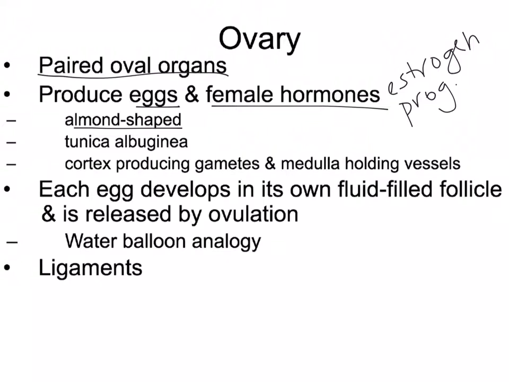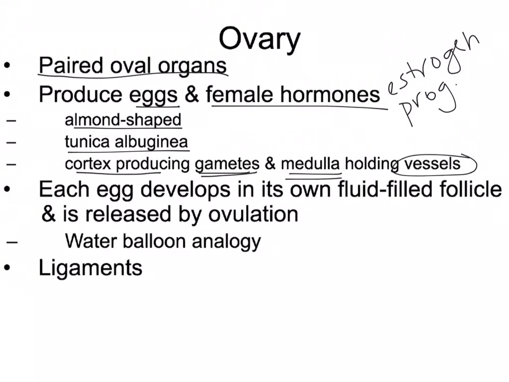Now the ovaries are covered with the tunica albuginea, just like the testes are, and then they have a cortex. The cortex is kind of the outer edge. I'll show you on the picture, and that's going to produce the gametes. And then the medulla is the middle part, and that's where the vessels are.